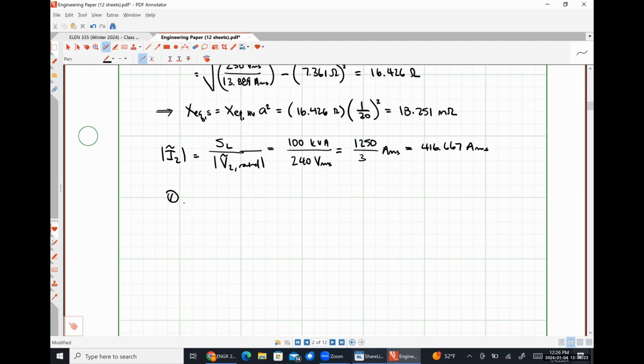So our power factor angle, theta S, which is the inverse cosine of our power factor, is by definition theta V minus theta I, and theta I is the thing that we're trying to solve for. So we are going to make an assumption here.